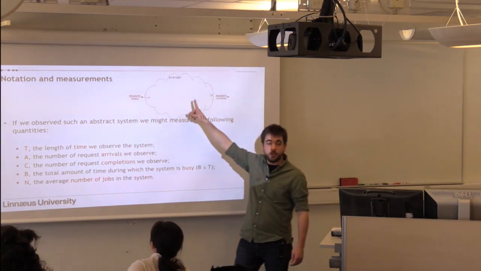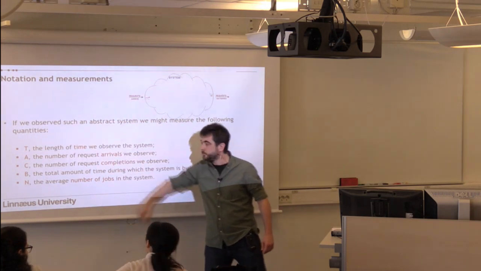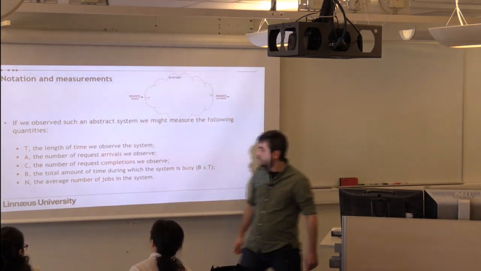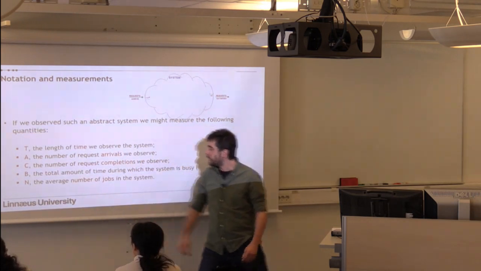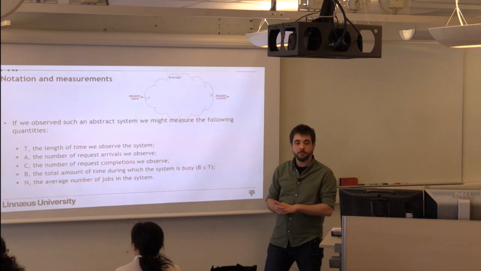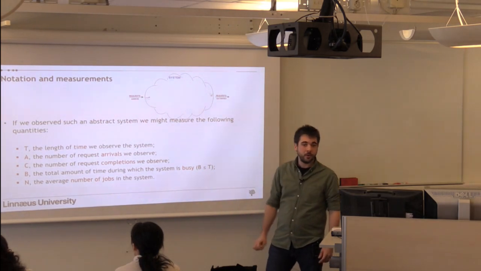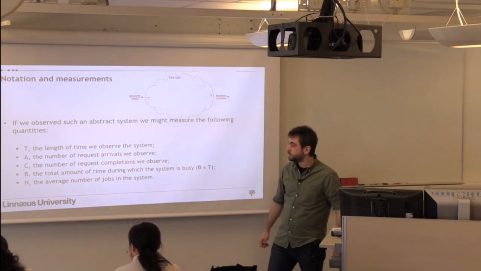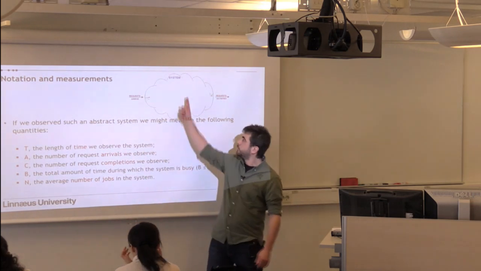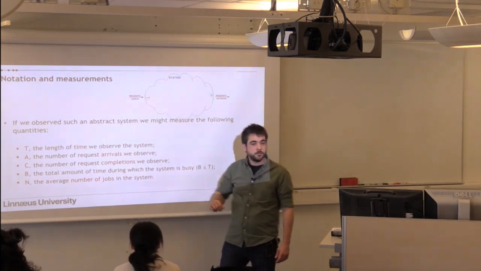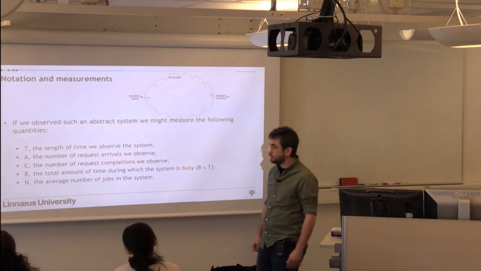Since we are not losing jobs, these two will be the same. B, from busy, the total amount of time during which the system is busy. The rest of time is idle. So the busy time will be lower or equal than the total time. And N, the number of jobs inside the system. Okay? 5 easy quantities.